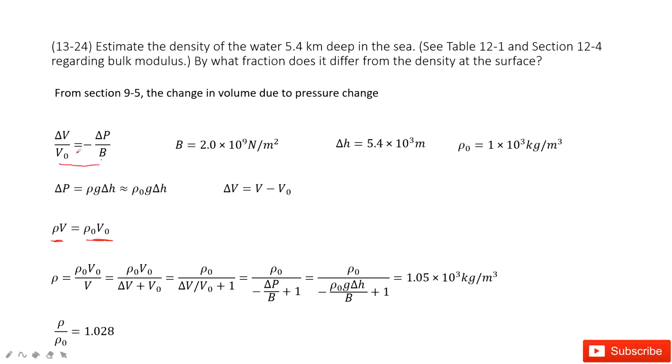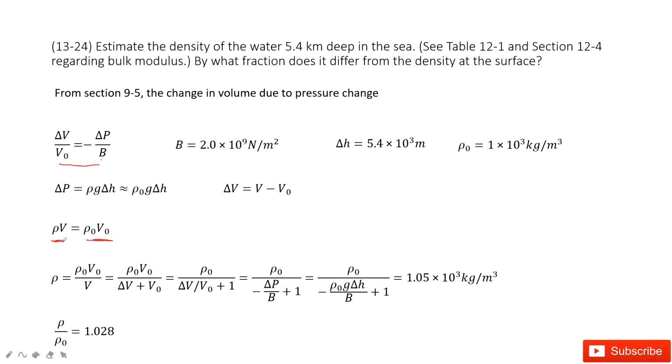Now for this equation, it has delta P, the change of the pressure. The change of the pressure is rho g h, right? So we can estimate the change of pressure as rho naught g delta h. And delta V is the volume change, V minus V naught. Agree? Now we have all the preparations.